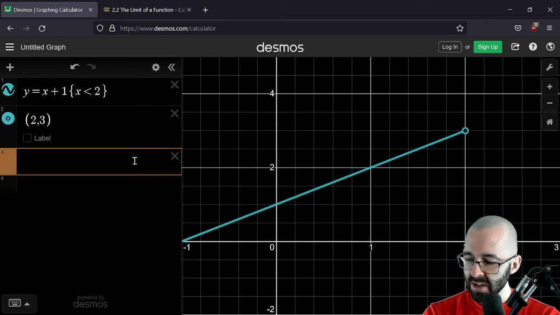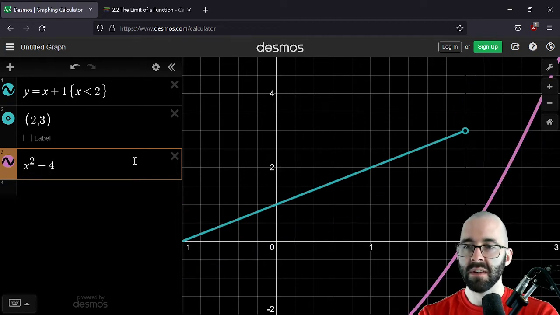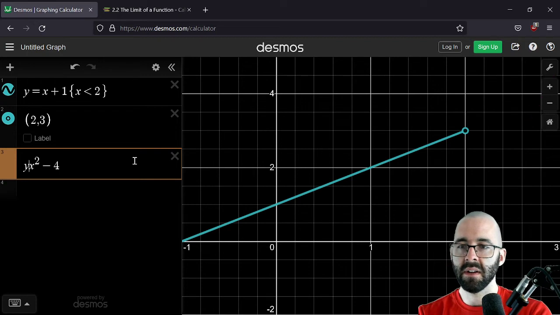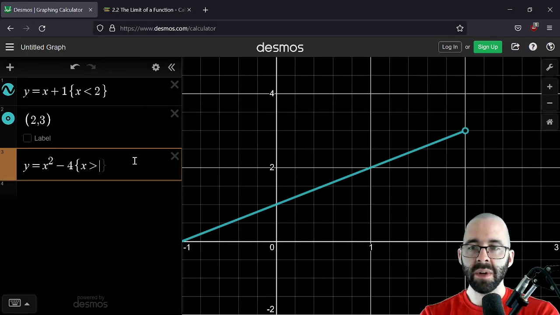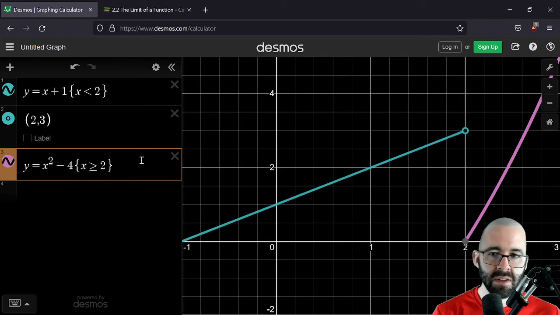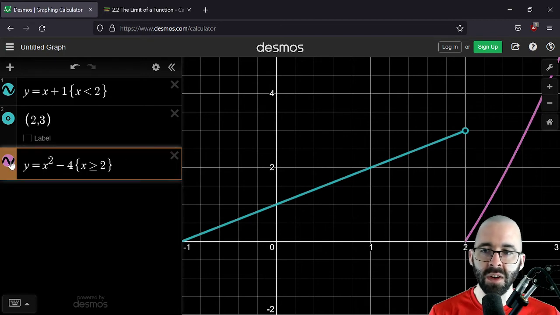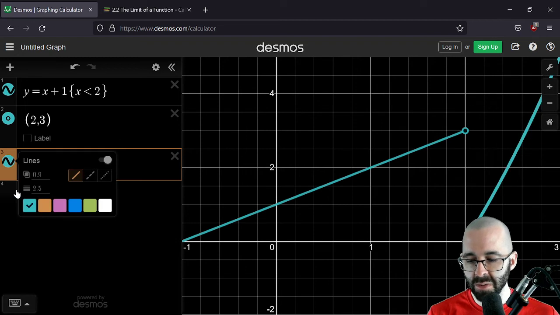And then we do the other piece. The other piece was x squared minus 4. Y equals x squared minus 4. And again, this is when x is greater than or equal to 2. All you have to do to type that is type greater than, and then press the equal sign on your keyboard. And we don't have to worry about a circle here. We can hold down left click and turn it blue.